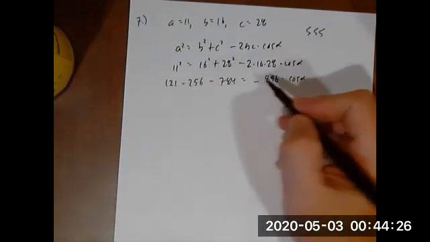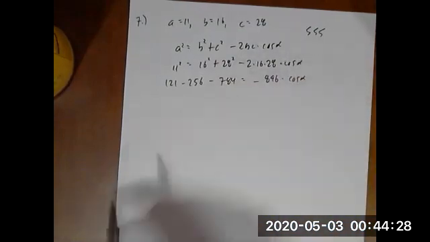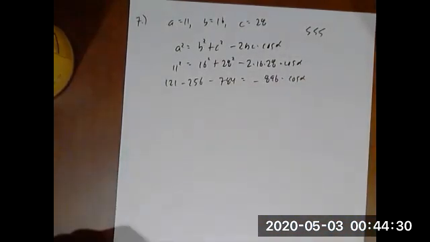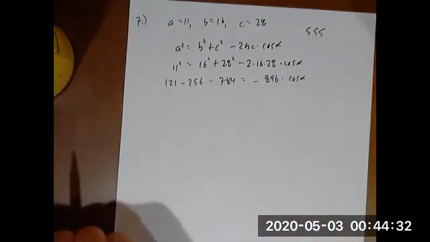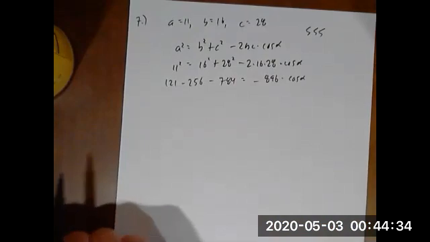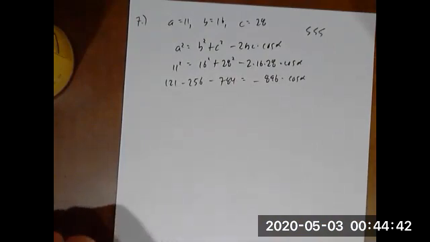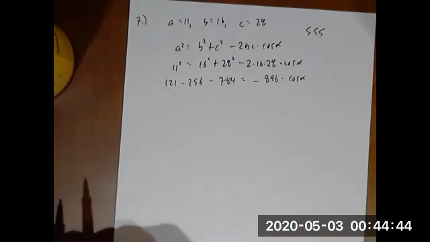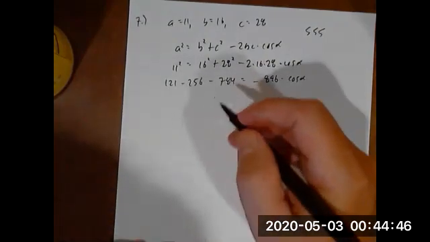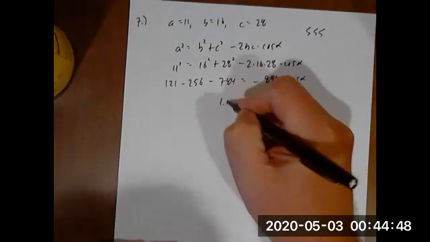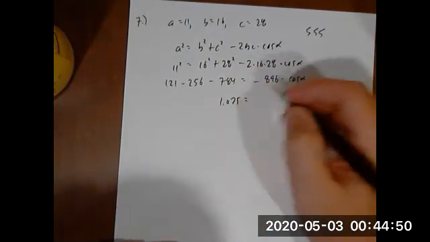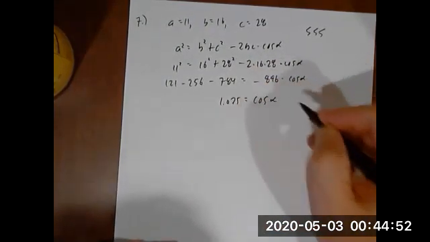So I combine these and then divide by negative 896. So 121 minus 256 minus 784, divided by negative 896, equals 1.025, which equals cosine of alpha.